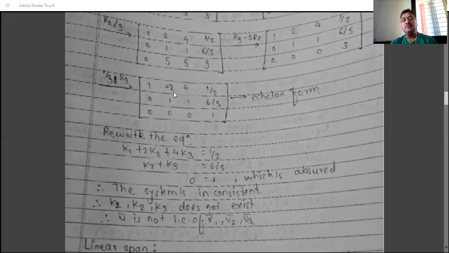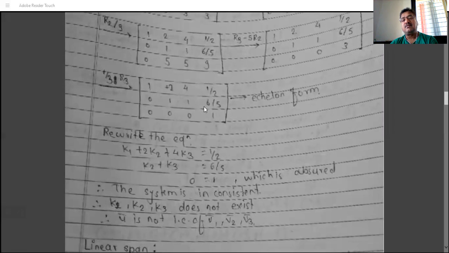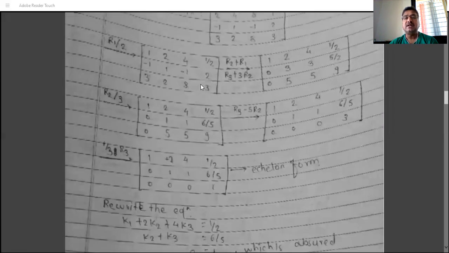This echelon form is not unique. It depends on your calculation. Someone may have another echelon form, but the answer of the problem, that is the values of K1, K2, K3, are fixed.